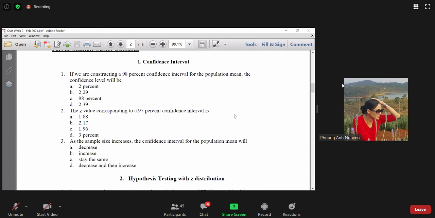So we can start reading the questions. Very often the table values are very important. For now, we mainly use the N(0,1), the standard normal distribution.